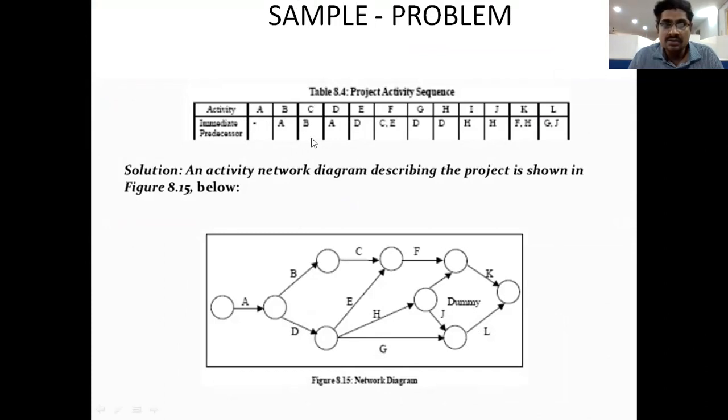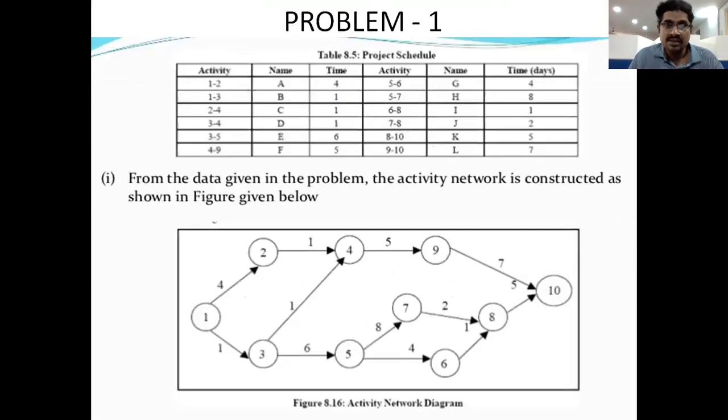This is the problem given in the exam question paper. So we need to solve this problem in the form of a network diagram. After completion of the network diagram drawing, then we need to calculate CPM, critical path method, right?